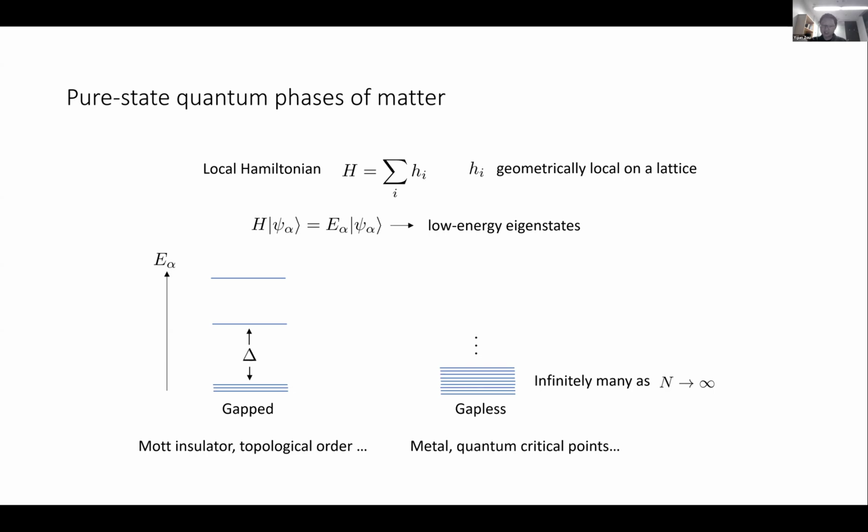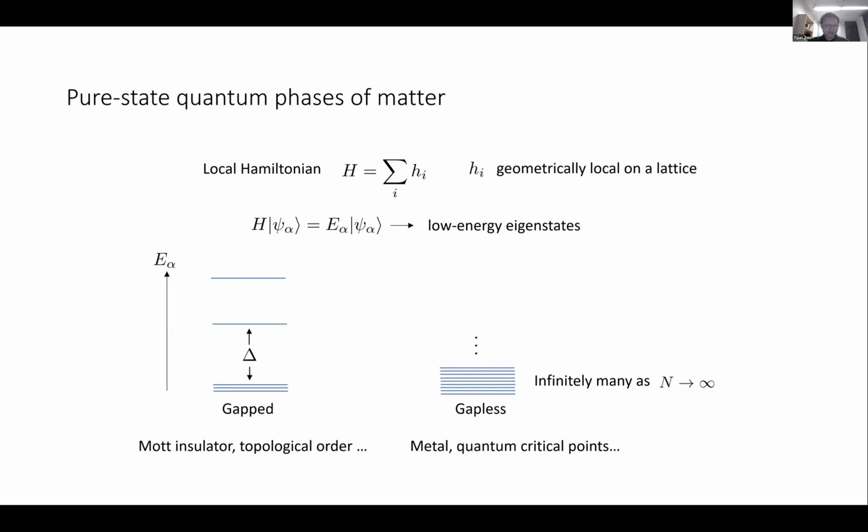And then there's another class called gapless systems, which has infinitely many low energy eigenstates as you make the system size larger and larger. All the low energies actually collapse into the same energy as you make the system size larger. So in that case, you would have an infinite number of low energy degrees of freedom, and that typically makes your system more complicated.